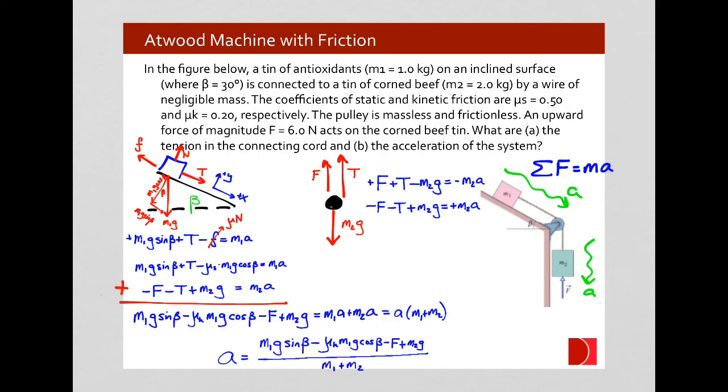And we find that the acceleration, when we've switched to our kinetic regime, actually comes out to be 5.6 meters per second squared.